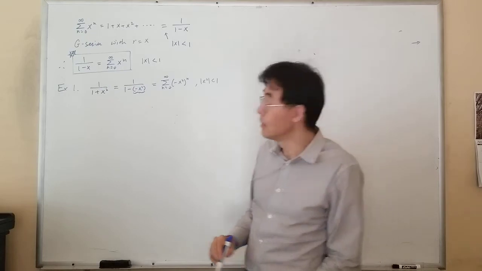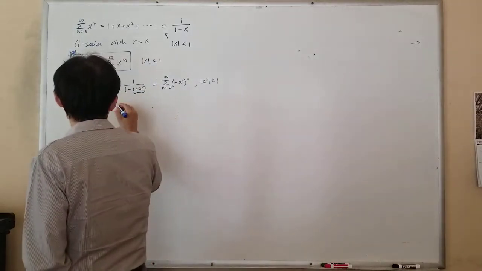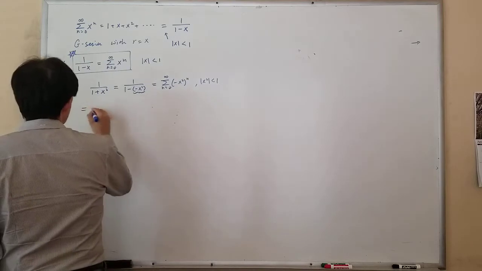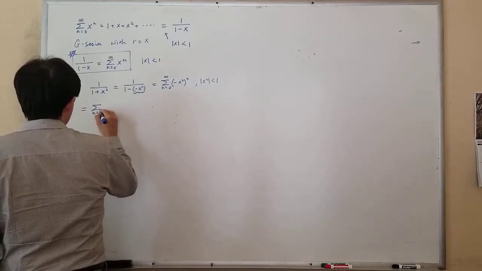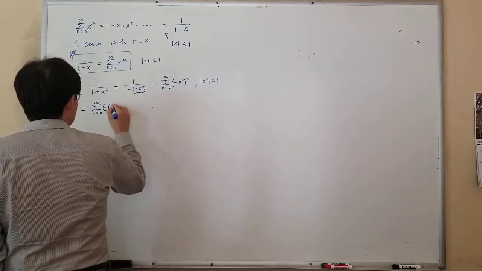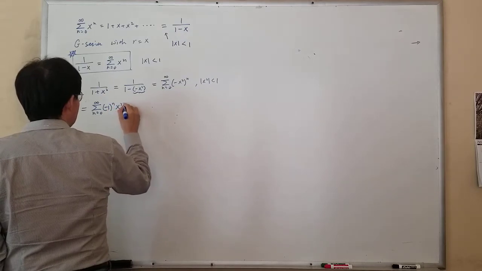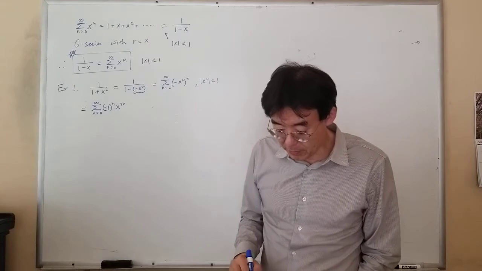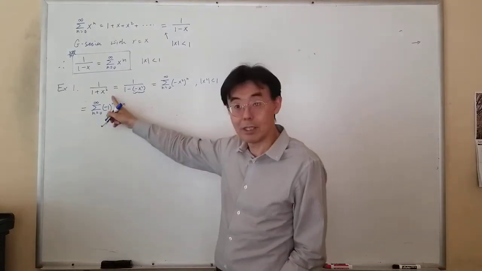Now, if you want, you can rewrite it as the sum of minus 1 to the n, x to the 2n. That would be the power series representation of this one.